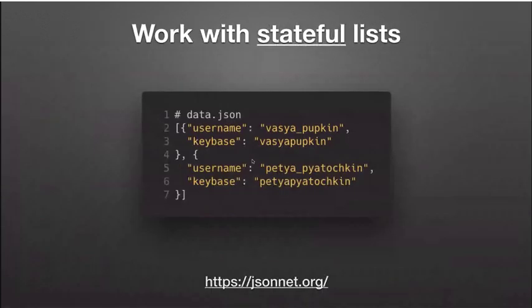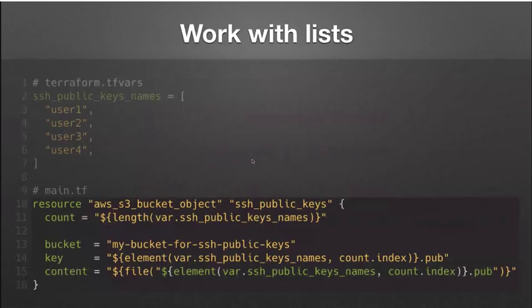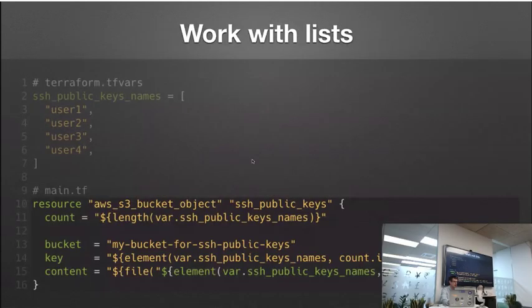Another similar example is when we have a stateful list. A stateful list is a list which will have different values every time something is created. So imagine that we need to manage IAM access keys for these users, and we cannot simply allow deleting and recreating user 4. This means that user 4 will get a new access key every time.